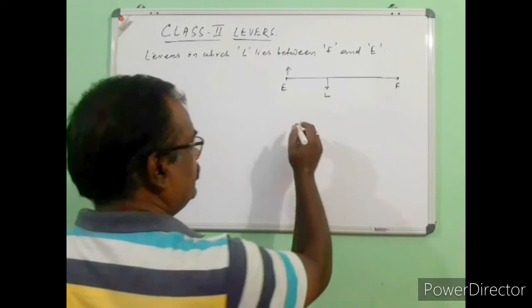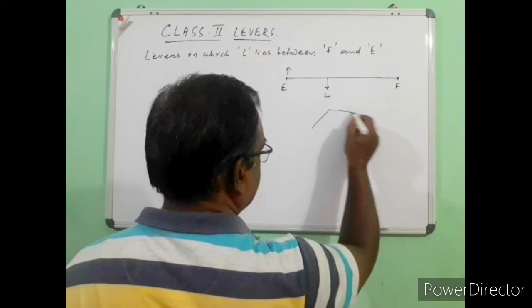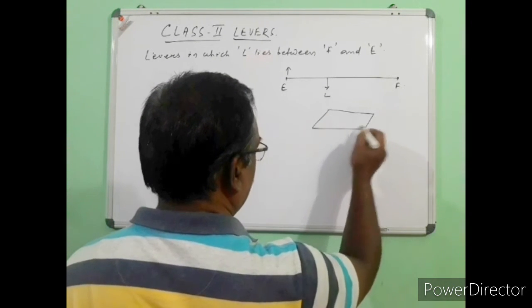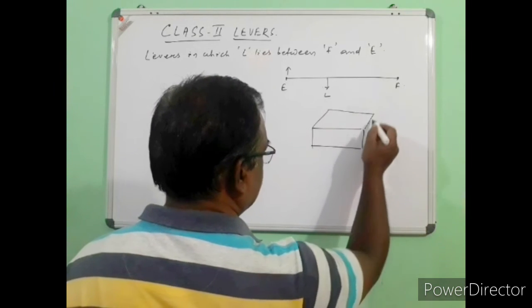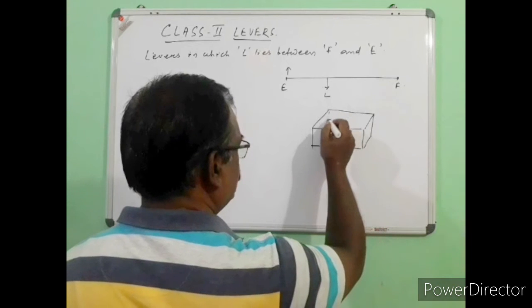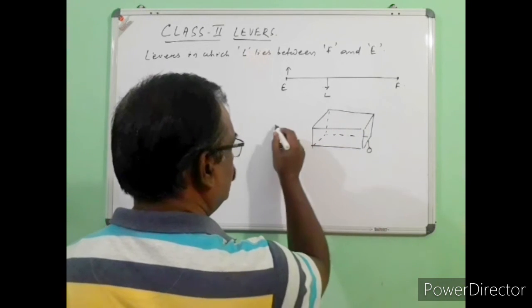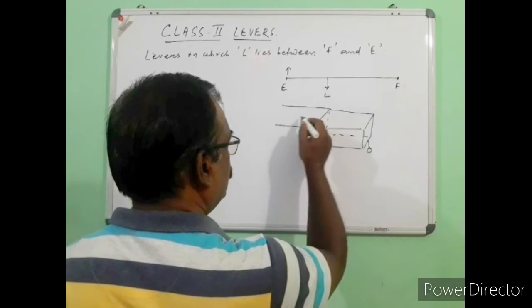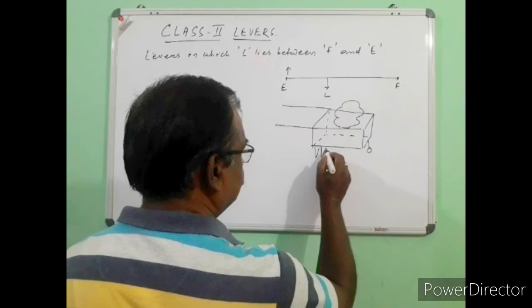Take an example, the wheelbarrow. As you must have seen, to lift some amount of load, municipality workers use such a wheelbarrow every day, where some amount of load has to be taken.